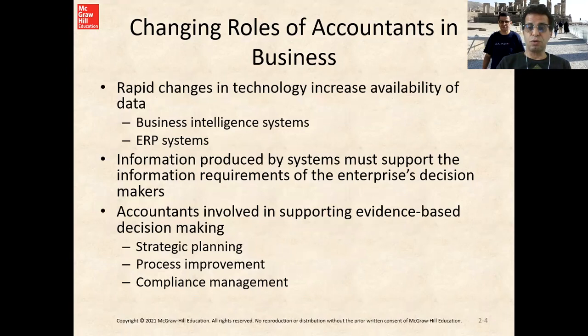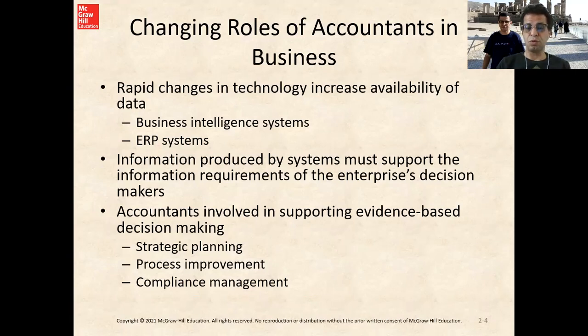The changing role of the accountant in a business comes from the rapid change in technology and the increased availability of data. There are business intelligence systems and ERP systems. It has changed so much from 30 years ago; an accountant then is different from today.